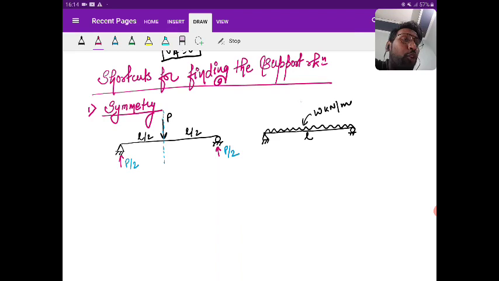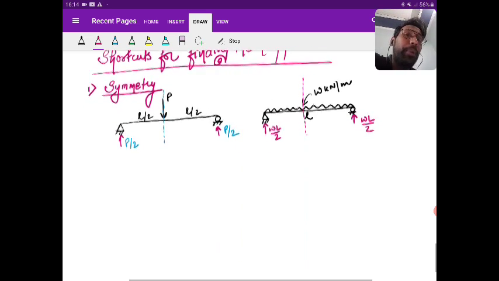So again, if you draw the center line, you can see the symmetry, because the load is acting downward, so the reaction will also be in the upward direction. Yes or no? So the total load that is acting downward is WL. So both the supports will take equal reaction of WL by 2, WL by 2. So that is symmetry.